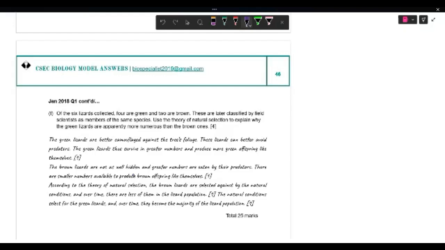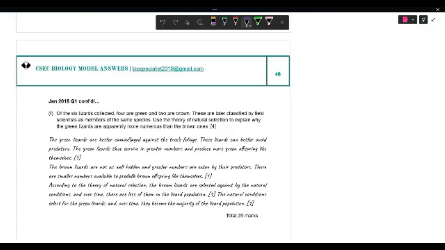And now you're using the theory of natural selection to explain why you have more green lizards than brown ones. So the green lizards, remember you're talking about the leaves would be green. So the green lizards would be better camouflaged, which means that they'll be harder for the predators to find.